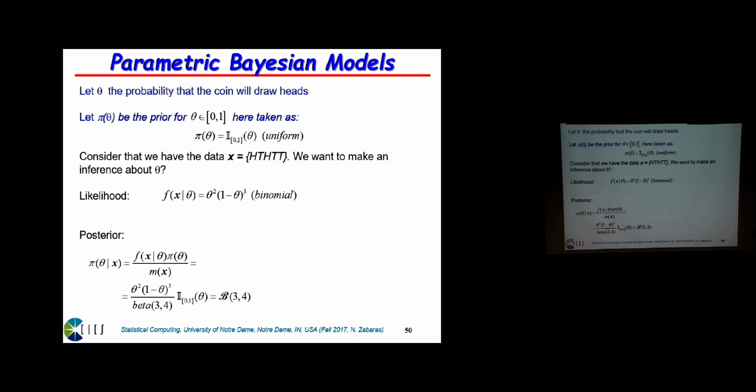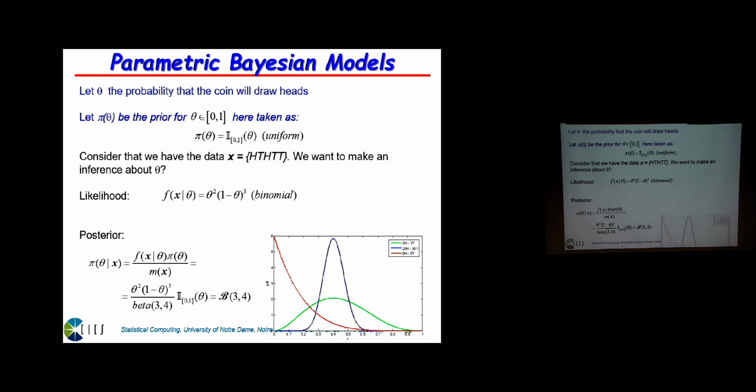And I would like you to get very familiar with this beta and gamma and all of these distributions, because immediately, if you have theta squared, 1 minus theta cubed, this is a beta distribution, beta with parameters 3 and 4. The beta distribution, I remind you, is x to the alpha minus 1, 1 minus x to the beta minus 1. So 2 will be 3 minus 1, and 3 will be 4 minus 1. So the posterior is a distribution, beta of 3 and 4.